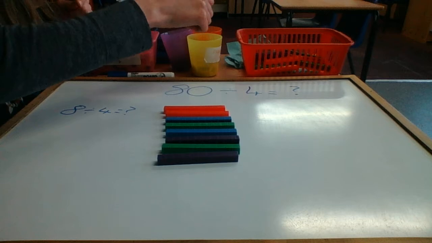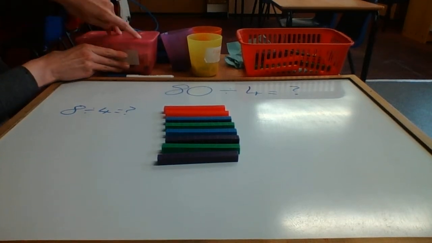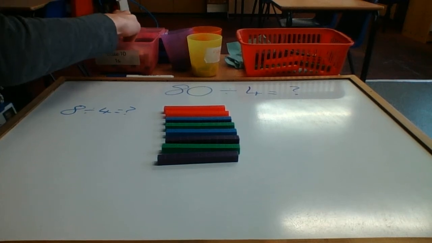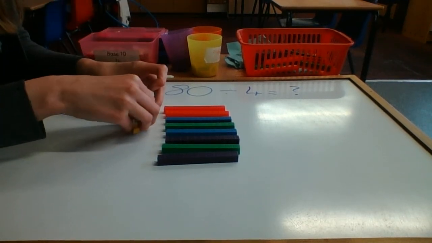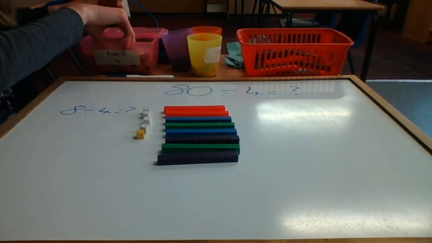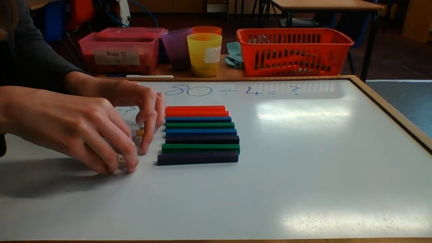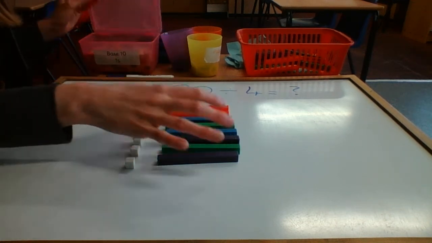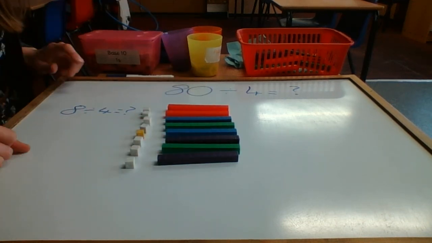Because 8 divided by 4 would be 8 ones. So that would be 1, 2, 3, 4, 5, 6, 7, 8. And when I think of 80 as 8 tens, I think that makes it easier. It's less of a scary number to divide like that.